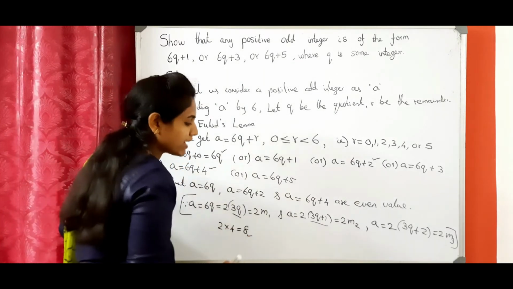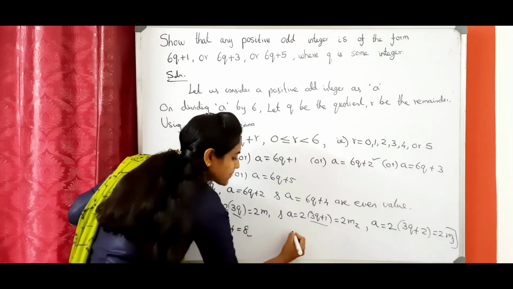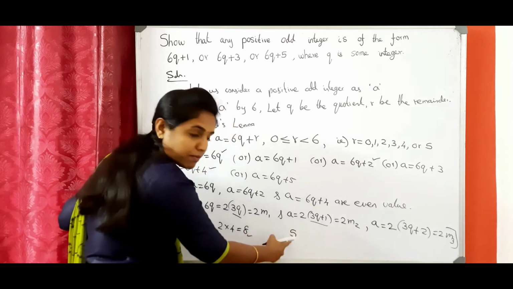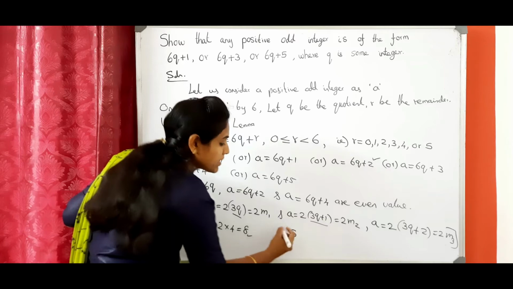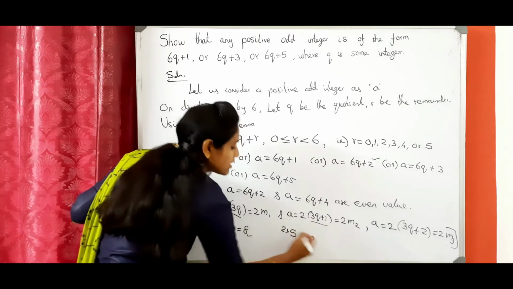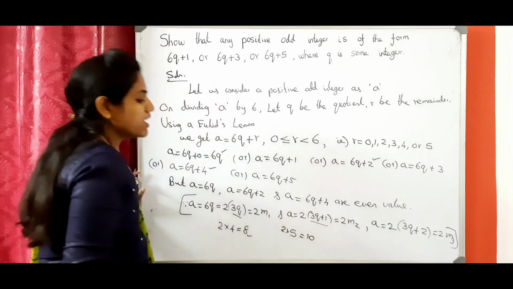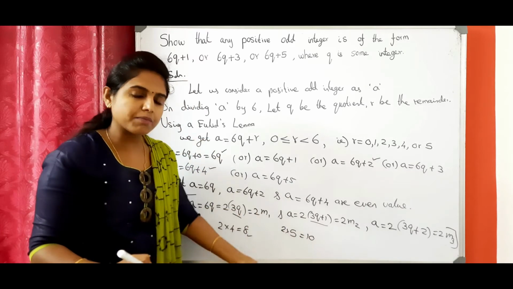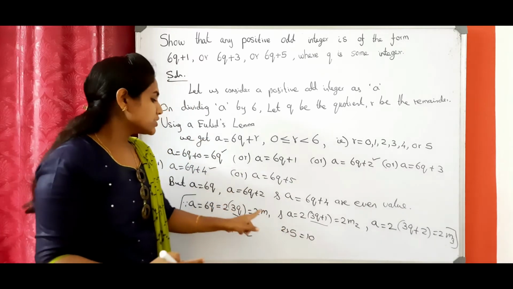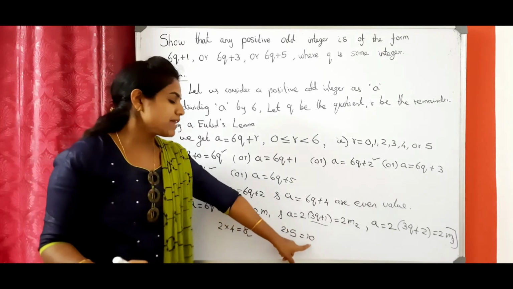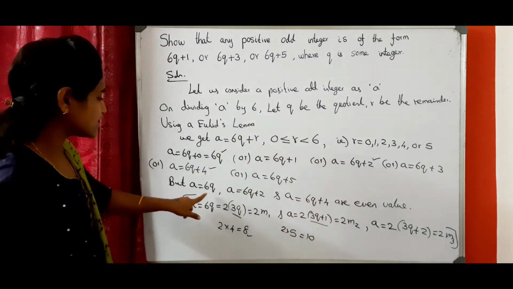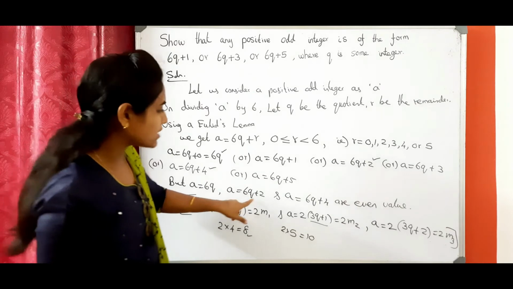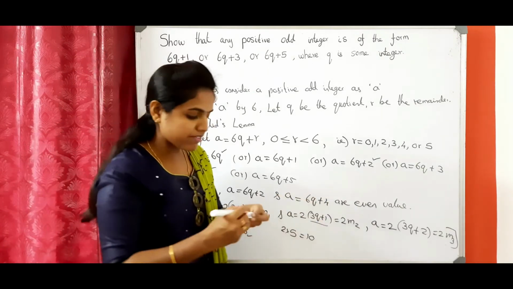Suppose m1 value is 5. 5 is an odd number. If you multiply an odd number by 2 also, 2 into 5 equal to 10. So even number only. If you multiply any integer by 2, we will get an even number. Therefore, we can say 6q, 6q plus 2 and 6q plus 4 are even numbers.